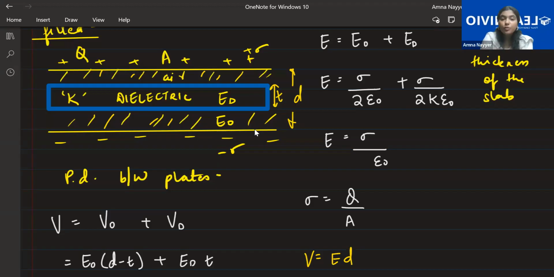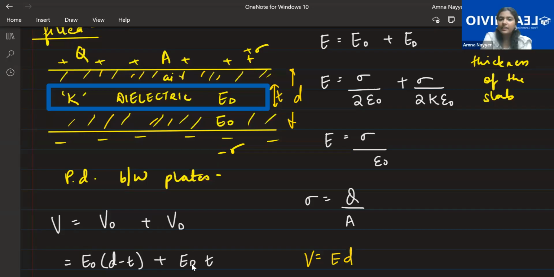In which portion is the dielectric slab present? It is present in t. So till where do you have your air? It is d minus t. That's why we write electric field due to air into d minus t, and electric field due to dielectric into t. Now, what are the values?